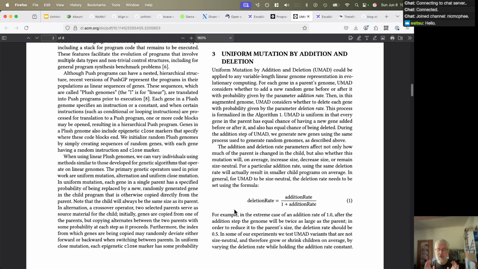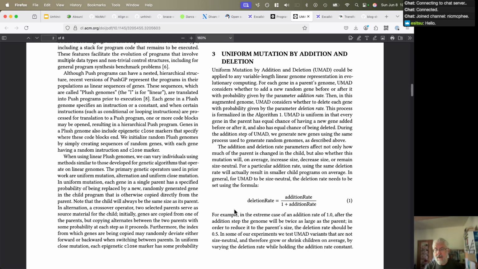UMAD is a mutation operator. It takes a linear genome, and not a fixed length one. We're allowing the genome's length to grow and shrink, which would be true, for example, in evolving programs where the number of plushy genomes is allowed to shrink and grow. But it would also apply to other kinds of linear genetic programming where the size of the program can grow and shrink over time.